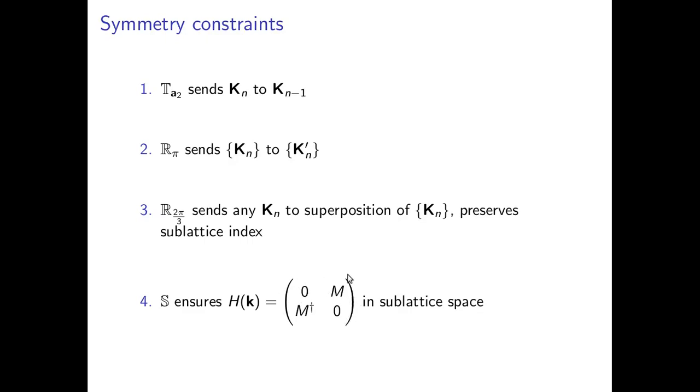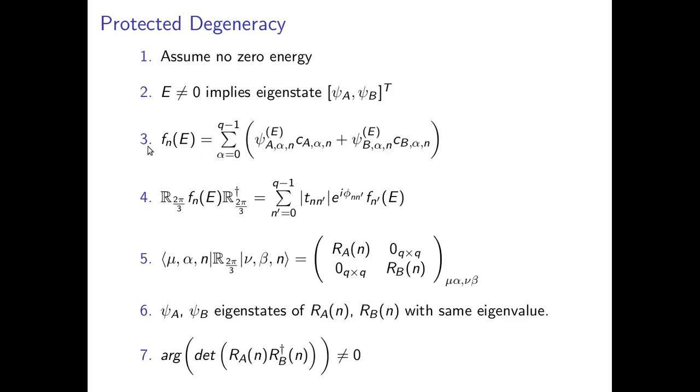So this is AB space. And we can show that these degeneracies are protected by understanding that for the zero energy eigenstate, one can write down the zero energy creation operator and annihilation operator, and can show that the R2 pi by 3 must become a sum over zero energy states.